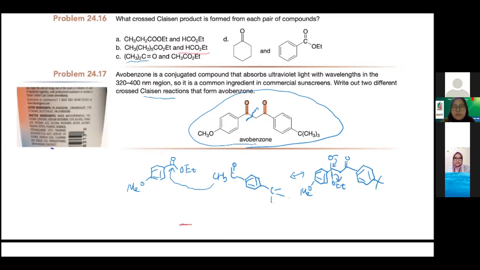The leaving group is the OEt, the ethoxide moiety, and this next compound bonds.